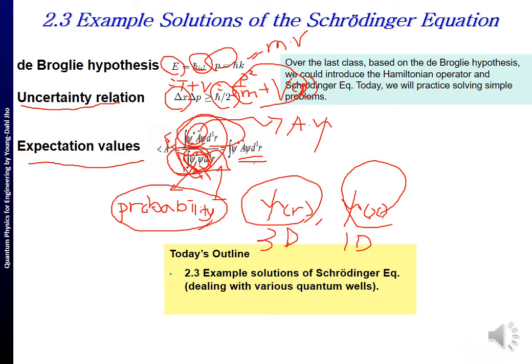So over the last class, based on the de Broglie hypothesis, we could induce the Hamiltonian operator, or energy operator, which means if you take this H cap on psi, then we will have energy times psi.